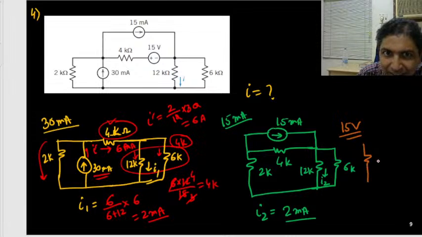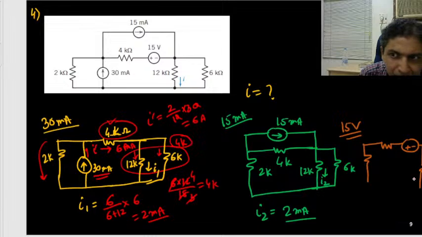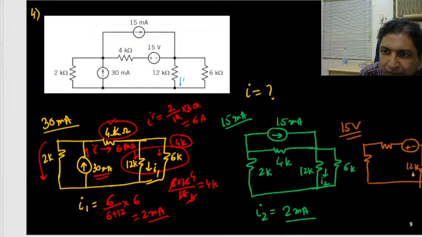This resistance is there, the current source I have removed, this resistance will be there, this source will be there, and the last resistance. This is your 12K, that is your 6K. This current is I3, this is your 2K, this is your 4K.